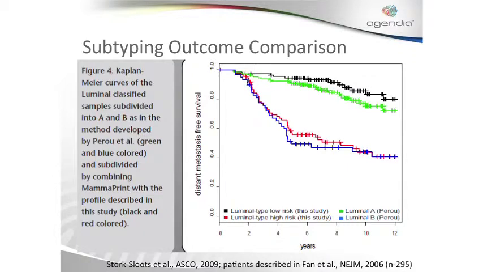You can see there's little, if any, significant difference between these two analytic models: the original Perou data versus the MammaPrint subtyping and classification with the 80 gene profile used in Blueprint combined with MammaPrint as a risk stratifier to put them into luminal A or luminal B. So there's pretty tight correlation between what's known, what's available, and what can be done.